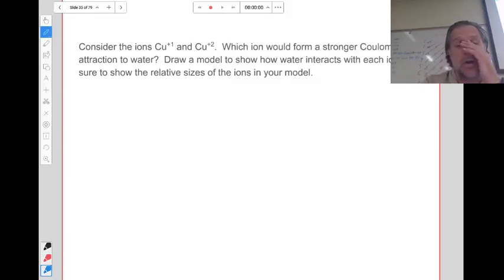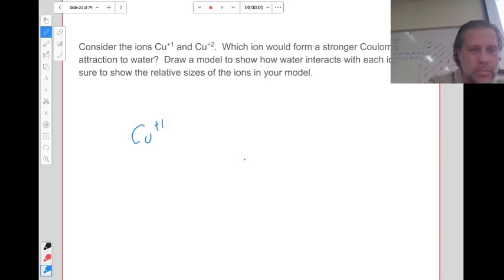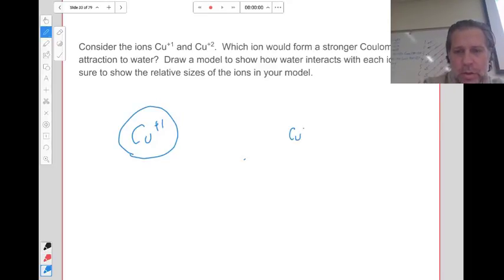Draw a model that indicates how water is attracted to each ion, and be sure to show the relative sizes of the ions in your model. So the first thing you have to ask yourself is, which is larger, a Cu plus 1 ion or a Cu plus 2 ion? Cu plus 1 is going to be larger, and the Cu plus 2 is going to be smaller.